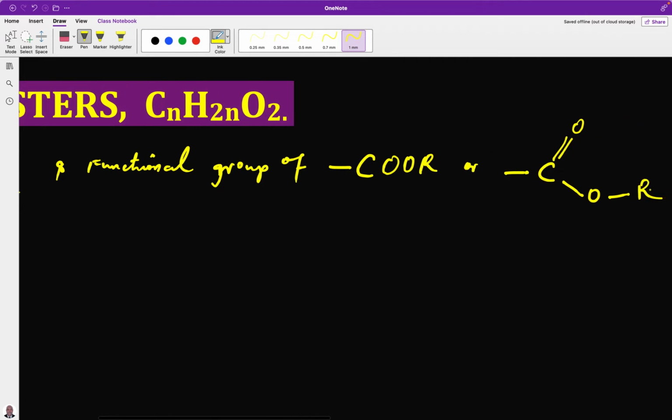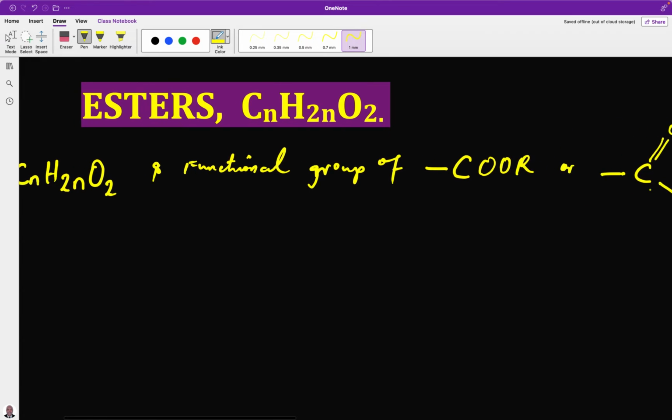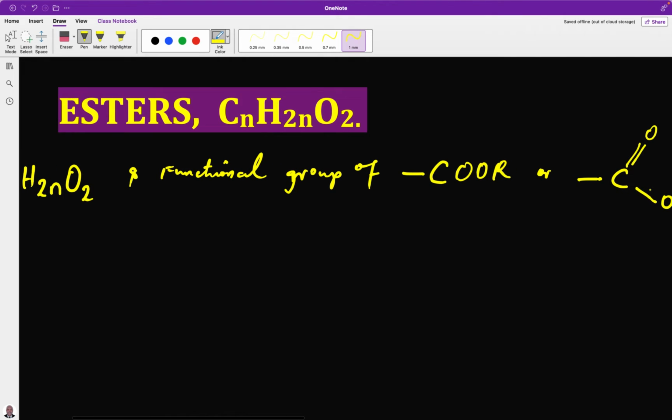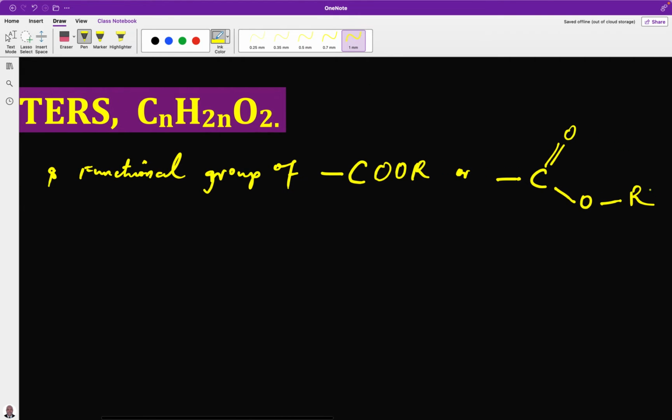So that is how the functional group is. I said esters are compounds that have the general formula CnH2nO2 and a functional group of COO.